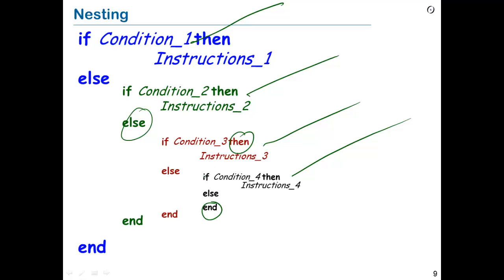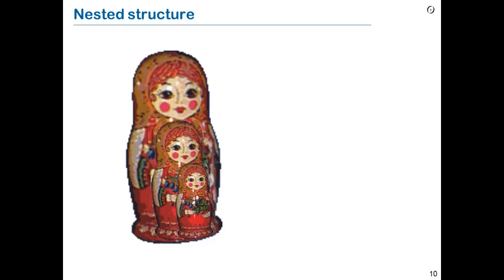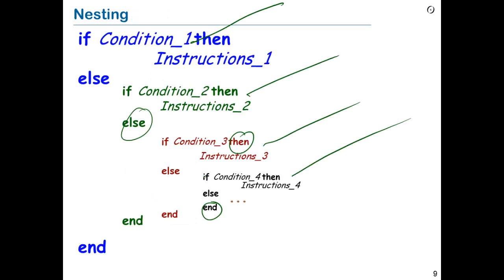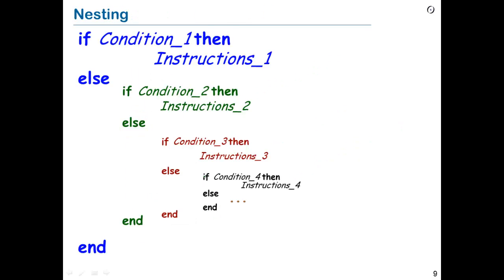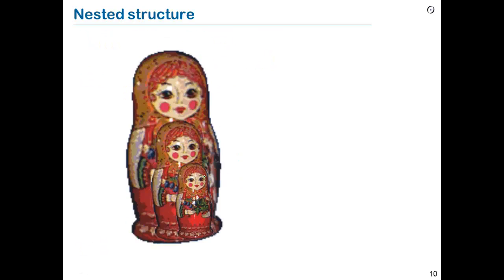And so in Eiffel, instead of this nested structure, we have something more flat. Indeed, to understand the previous structure, you might think of a Russian doll, a matryoshka as it's called, with a big doll that contains a smaller doll, which contains an even smaller doll, and so on. Well, that's nesting for you.